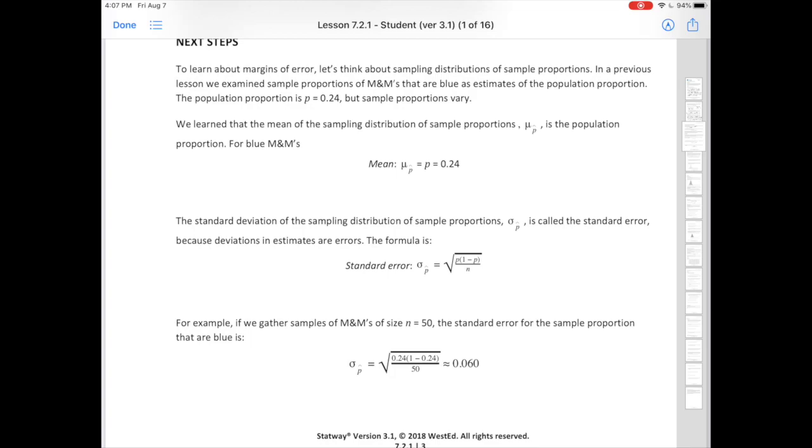So for blue M&Ms, remember the real answer is 0.24, and that would be the mean. This means that if we were to take lots and lots of samples, every possible sample, the average proportion of blues that you would get is 0.24, right? But of course, what you get in each individual sample varies from that.